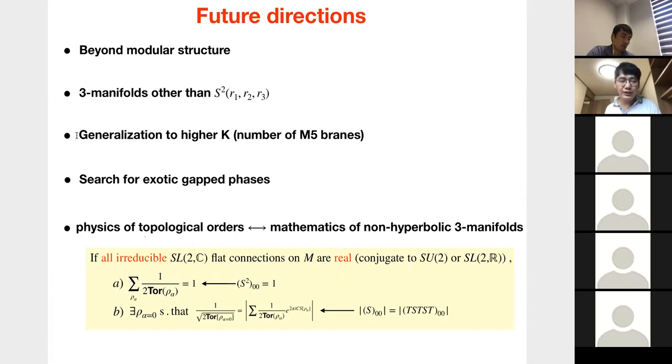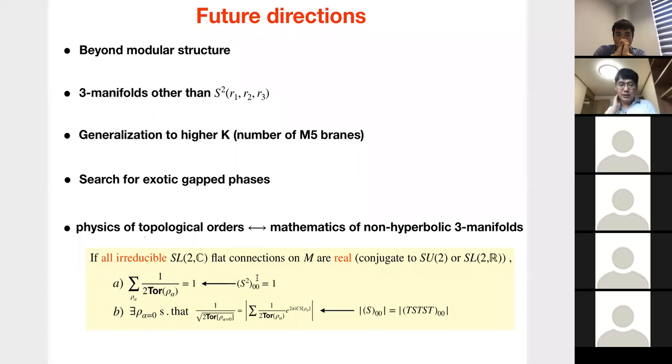And also it is interesting to generalize to some higher-rank theories, by increasing the number of M5-branes. Using this, maybe we can find some exotic topological phases which are not studied in the literature. Another interesting thing is that from this topological phase and geometric correspondence, we can relate the physics of topological order to the mathematics of non-hyperbolic three-manifolds.